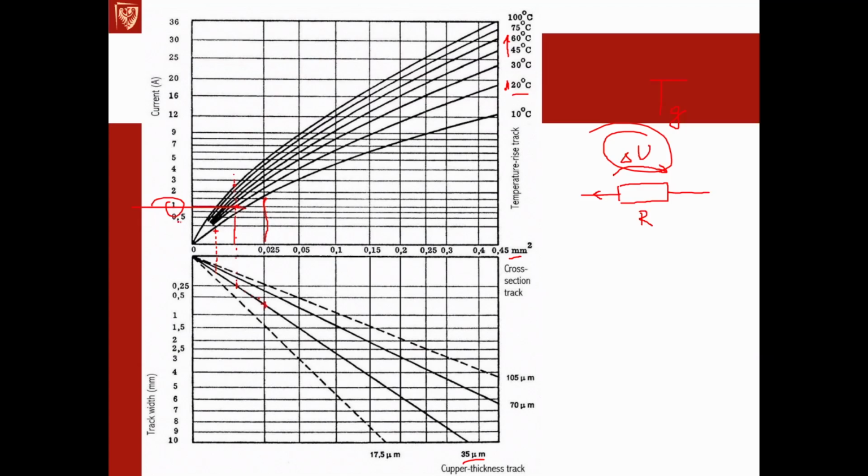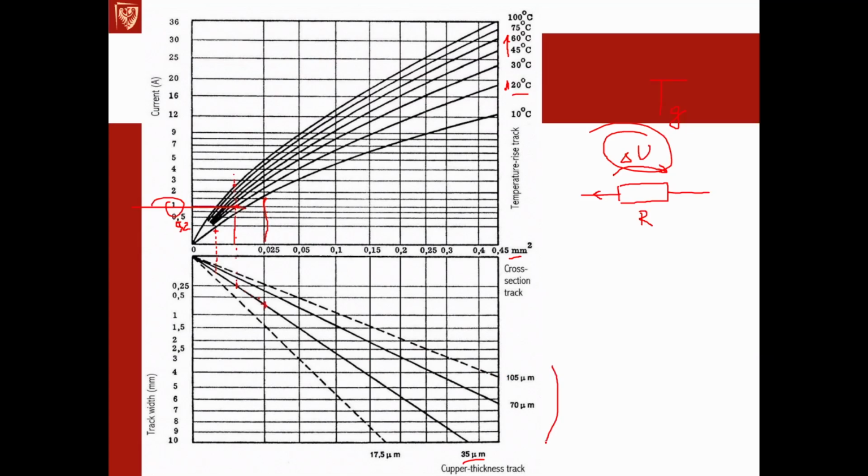This is a strange scale. Anyway, about 0.1, 0.2 amp can flow only through a 4 mils track. So be careful here. Try to use as wide tracks as available.